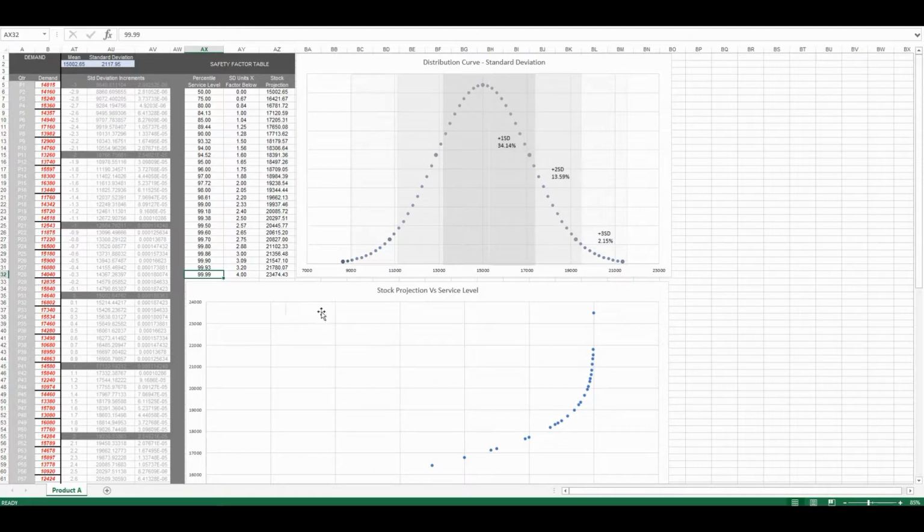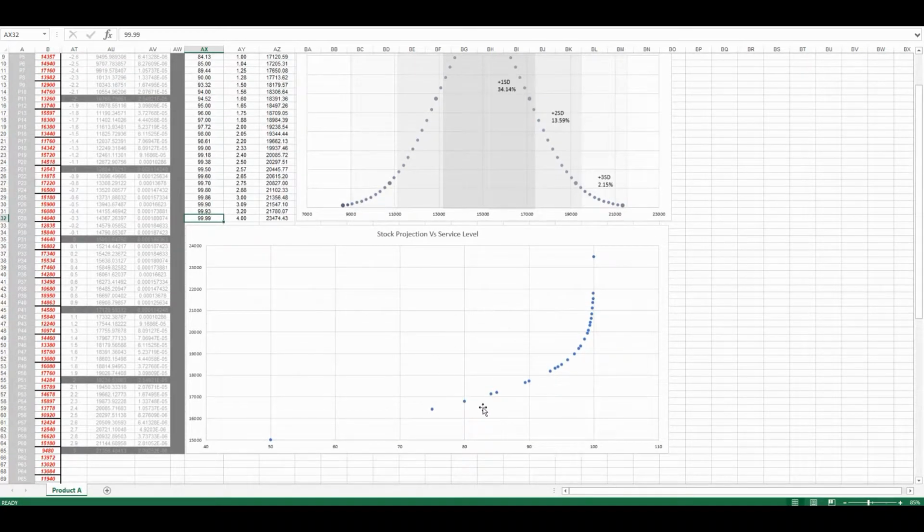As you can see from the graph below, stock projection versus service level, at 95%, the stock level would need to be 18,497 items, or in cash terms, £462,000. By increasing the service level up to 23,474 items to achieve 99.9% service level, the stock holding pushes to £586,000, in excess of that actually.